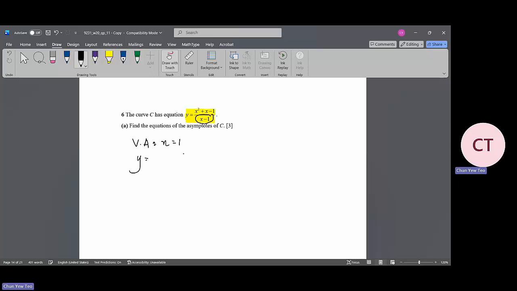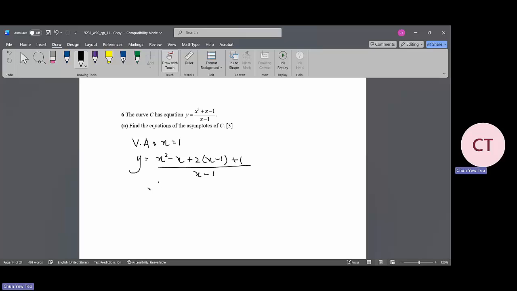And we know that we are going to have an oblique asymptote because the numerator is quadratic and the denominator is linear. To find the oblique asymptote, you can use long division, or you can just make it like this. Minus x plus the 2 of x minus 1, then plus 1.